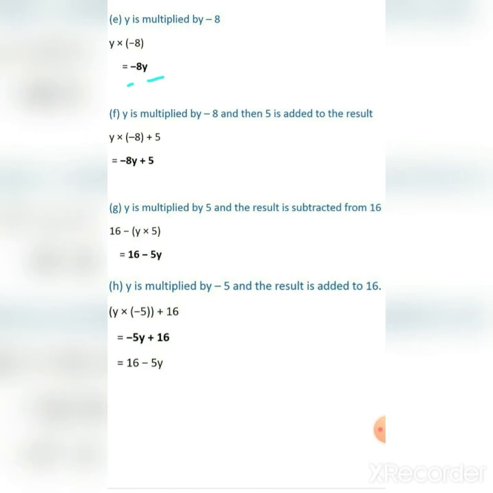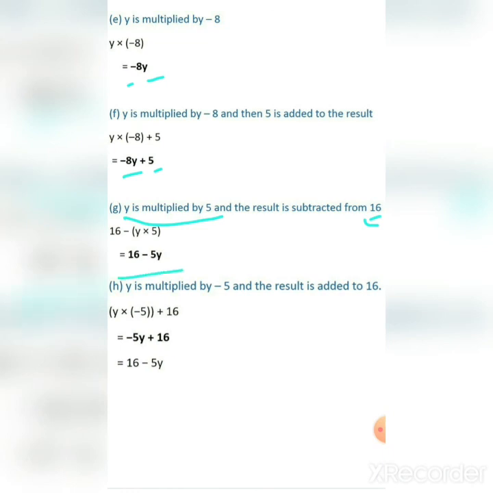Y is multiplied by minus 8, so minus 8y, and then 5 is added to the result, so plus 5. Y is multiplied by 5 and the result is subtracted from 16. From 16 means this 16 will come first and then this will come afterwards. So 16 minus 5y will be the answer.